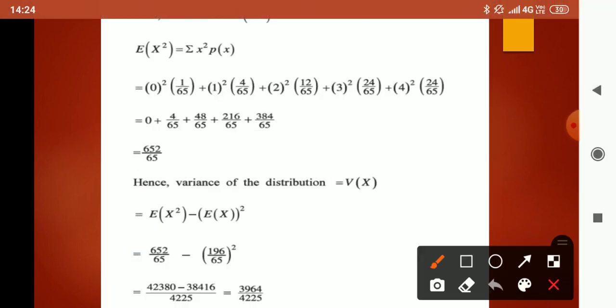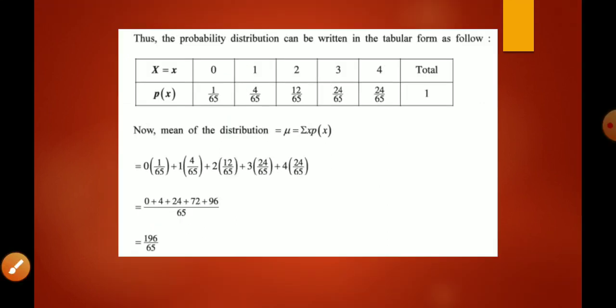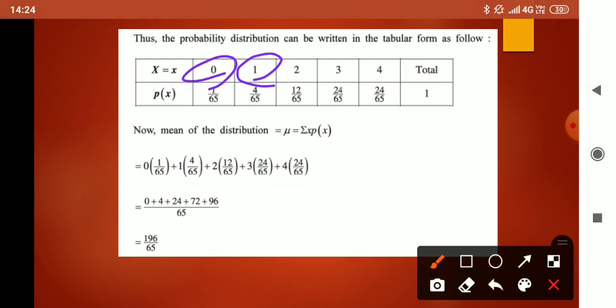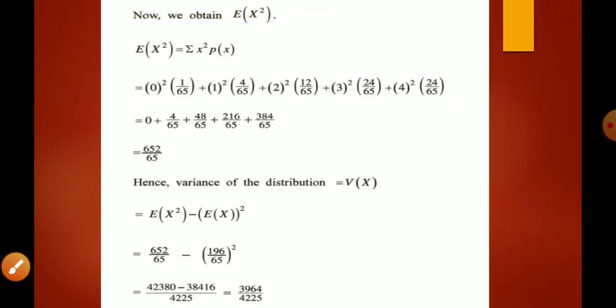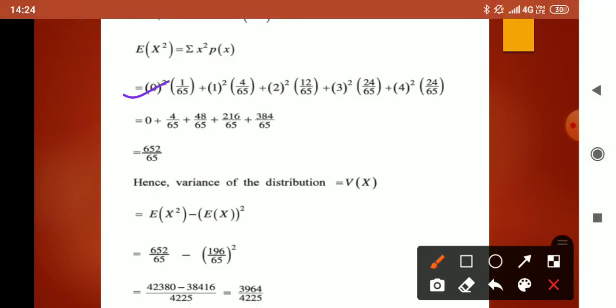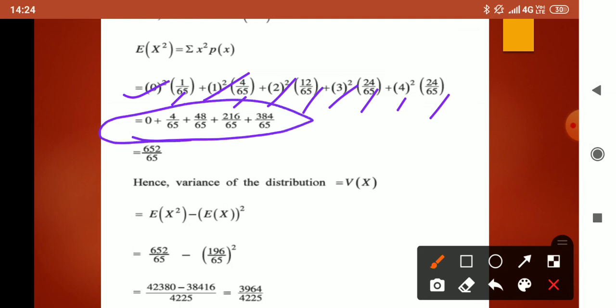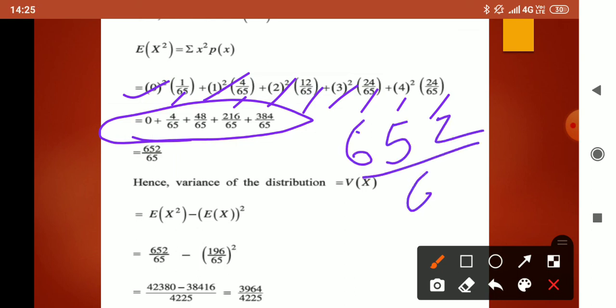I'll square all those x and then multiply with Px: square of 0 multiplied by Px, square of 1 multiplied by Px, square of 2, 3 and 4 multiplied by Px. By doing all this I'll get the answer. After adding all, the denominator is 65, so my answer is 652 upon 65.